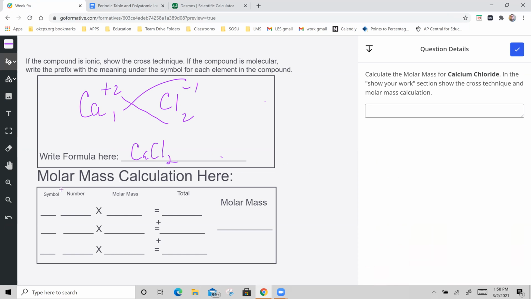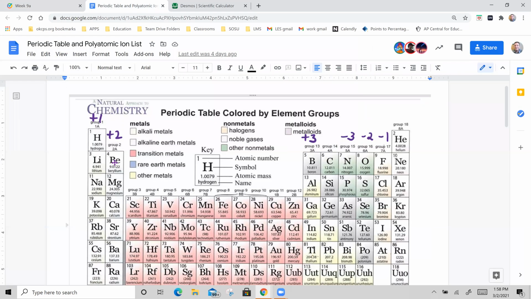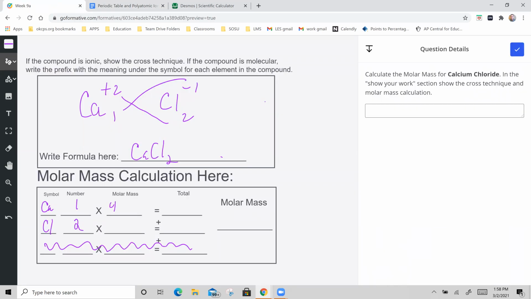So all we have to do is write in our symbols. We have calcium, we have chloride. We're not going to use this. And so now the number of calcium is 1. The number of chloride is 2. We go to our periodic table. We find the mass of calcium, 40.078 grams. We go to chlorine. We find the mass.